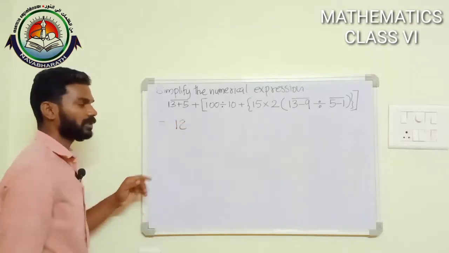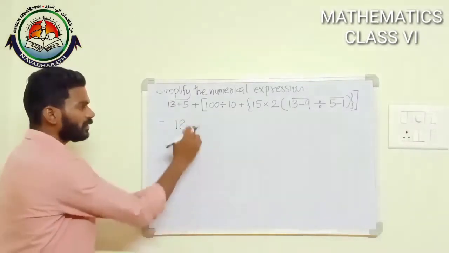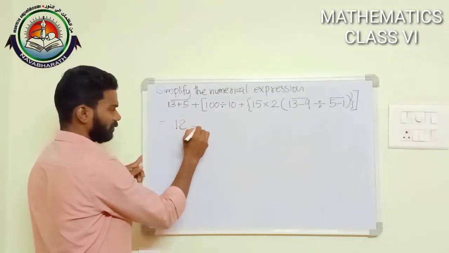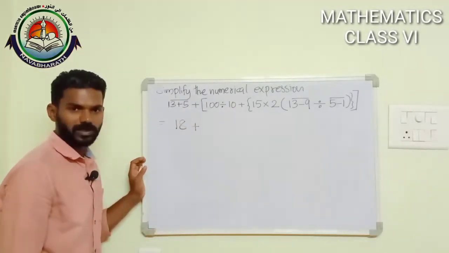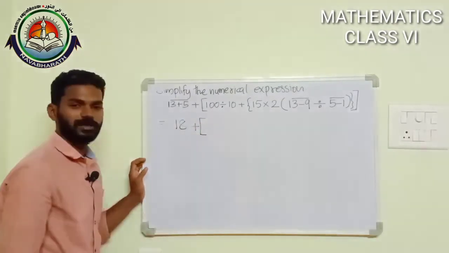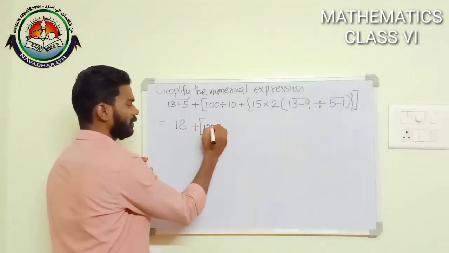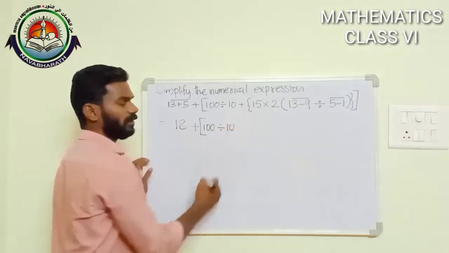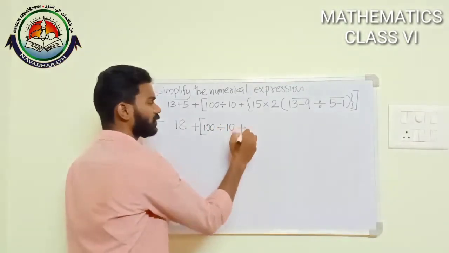Clear? This would become 18. Then there is a plus sign, we put that plus sign. Then there is a bracket, we put that bracket. 100 divided by 10.